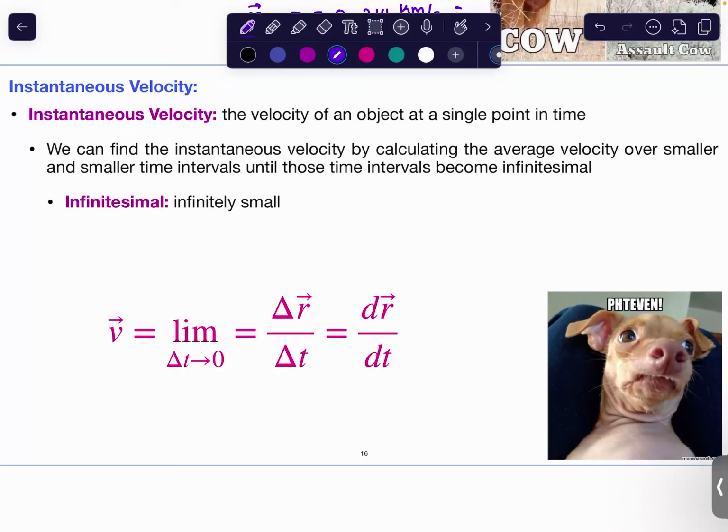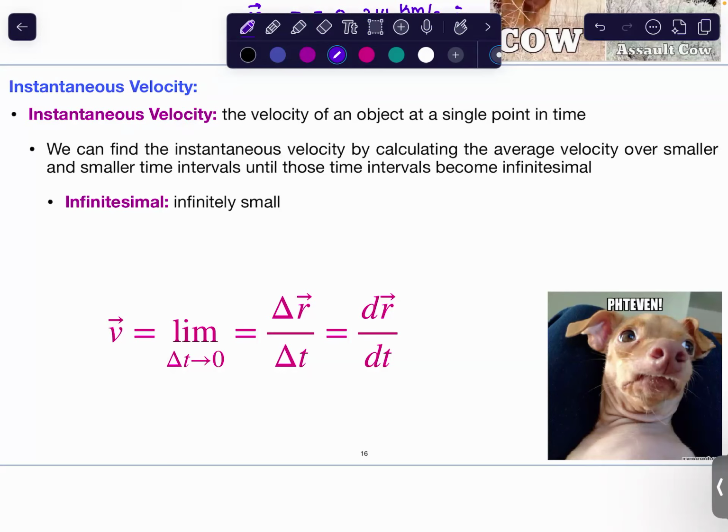So the way you represent that, who's seen this kind of formulation before? No one's ever seen limits. Okay, so what this is is the mathematical limit as your delta t tends towards zero. Because again, at a specific point in time, the change in time is going to be zero, because your t final and t initial would technically be the same.